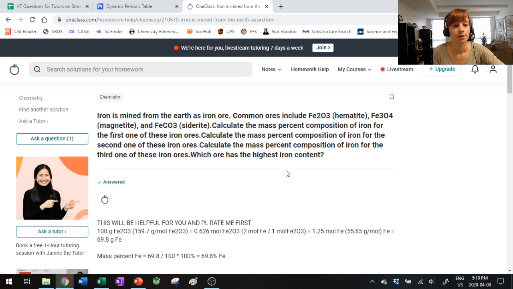So the question says that iron is mined from the earth as iron ore. Common ores include Fe2O3, Fe3O4, and FeCO3. The question asks to calculate the mass percent composition of iron in all 3 ores, and which ore has the highest iron content.